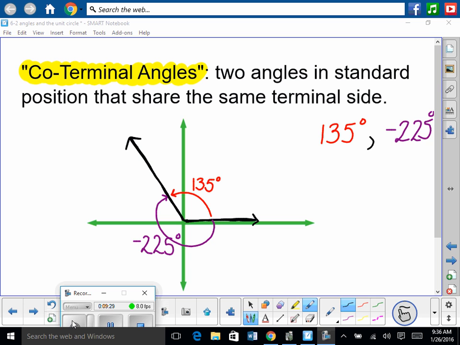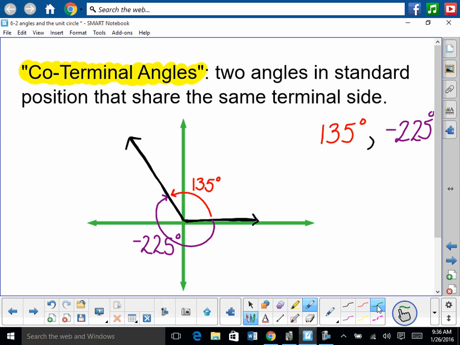So let's think about it. If we started with positive 135 degrees, wouldn't we be back to the terminal side if we added 360? Wouldn't that put us right back here? If we add 360 again, won't we be back there again? Another coterminal angle.